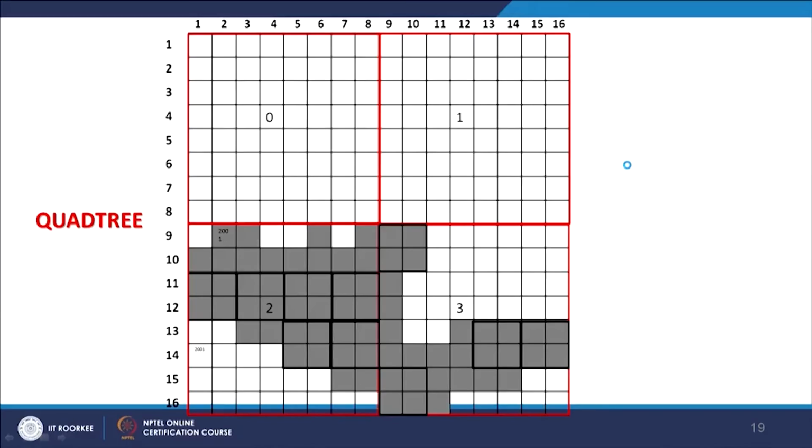Once this image is given for this kind of compression using quad tree, it is divided into 4 quadrants, and in each quadrant a search is made whether heterogeneity is present or not. If homogeneity is present, like in case of quadrant 0, then no further divisions will take place. However, if heterogeneity is present, like in case of quadrant 3, then further divisions would be done till you reach the unit level, and unit level here is our cell.